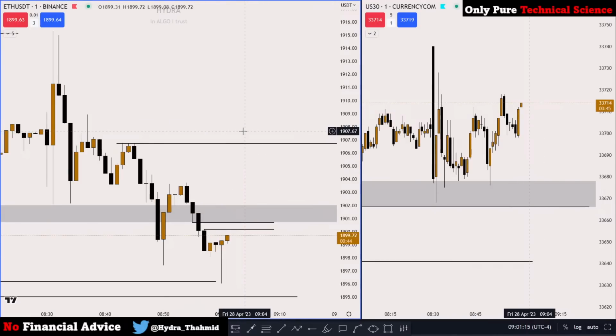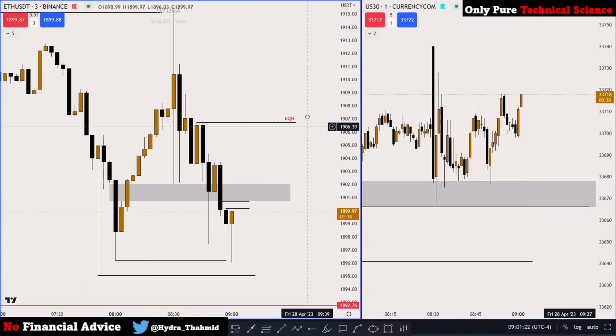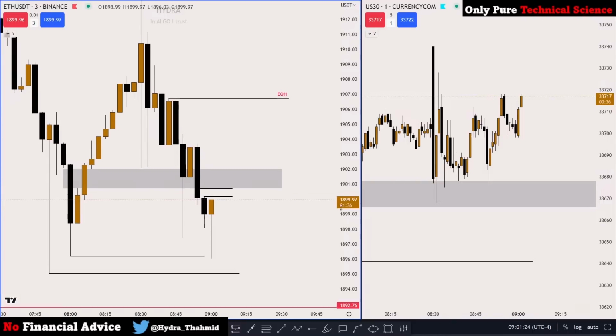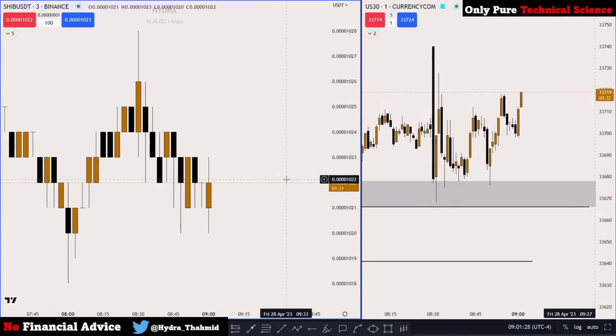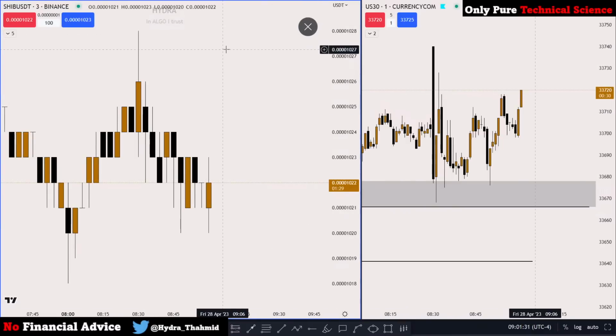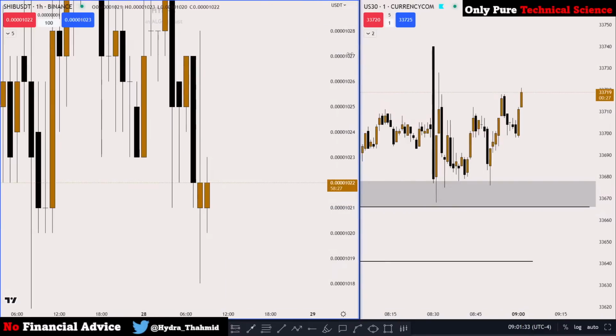Okay, do you guys trade SHIB? Has anyone ever traded SHIB? You guys heard about it or not? SHIB USDT. Recently I'm liking this pair.